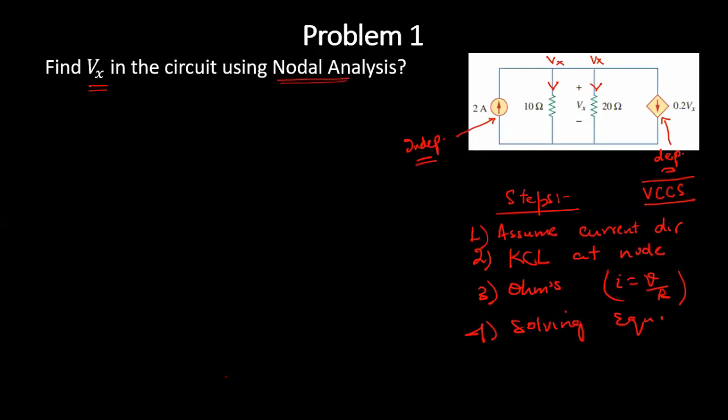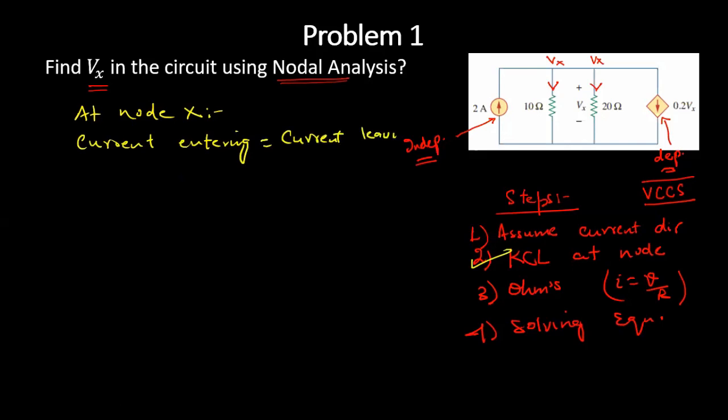The first step I have already applied. You can see that I have assumed the current directions. Now the next step is to apply KCL. At node X, we can say that the currents entering are equal to the currents leaving.